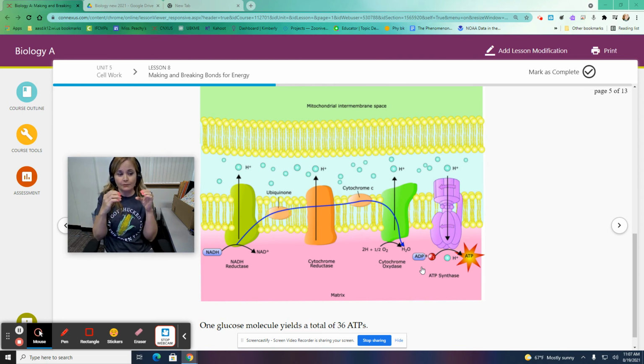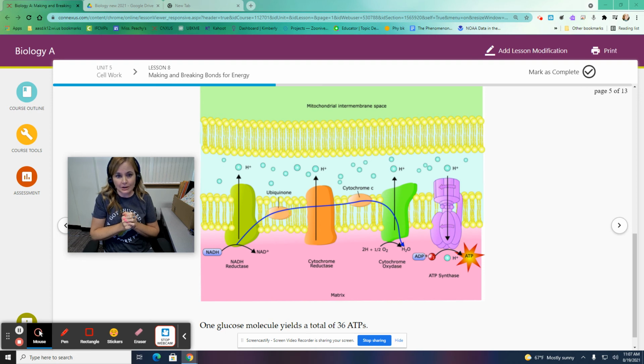Then those two pyruvates go into the mitochondria, and at this point, they are in the mitochondrial matrix, and they are shuttled through a whole bunch of different stages, which result in the release of carbon dioxide. CO2 is given off, and two more ATP, and several of these electron carriers are made.